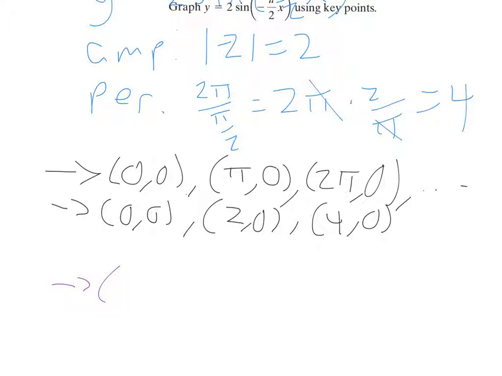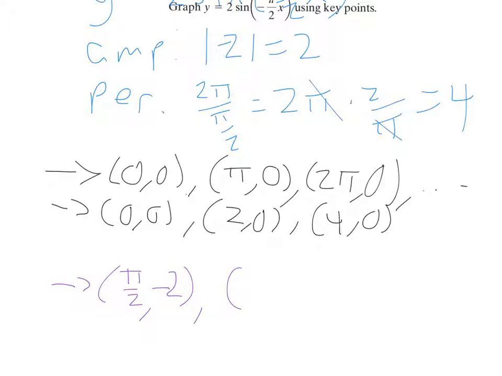Now the sine function would normally be equal to 1, or in this case 2, since the amplitude is 2, at pi over 2. Well, since it's negative, it'd be at negative 2, because remember, you have to flip it across the x-axis.